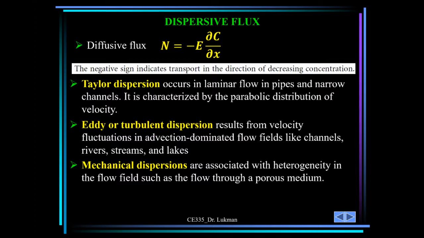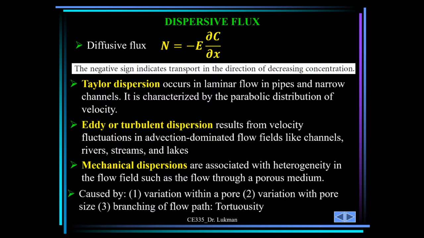Hetero means you have differences; the characteristics of the porous medium differ from point to point. The most important characteristics we're referring to here are porosity and hydraulic conductivity. And then the mechanical dispersion is caused by variation within a pore, and there is also variation with pore size.